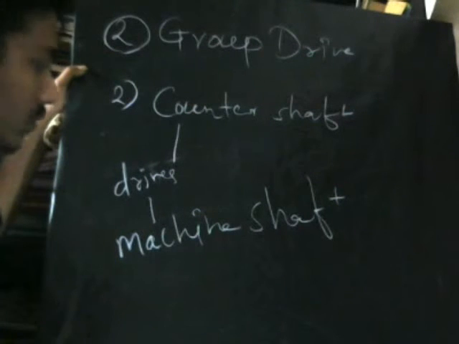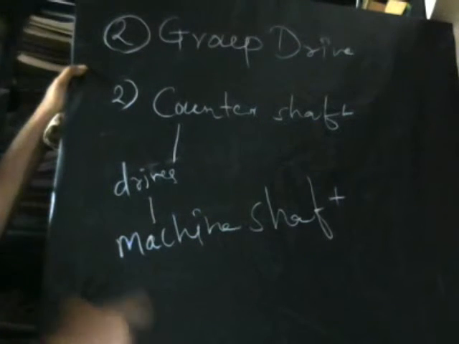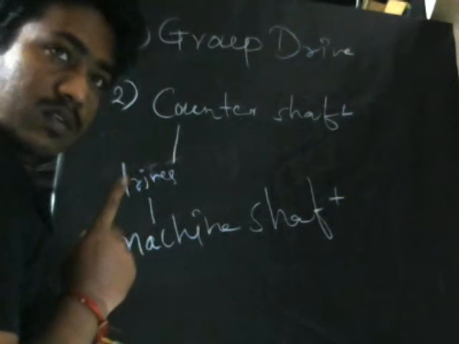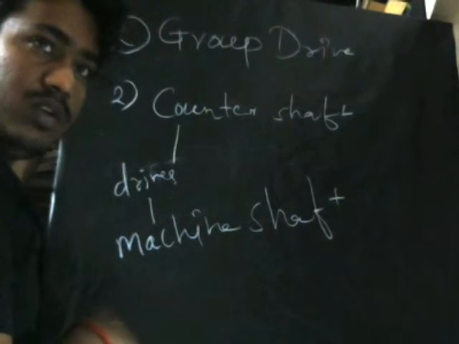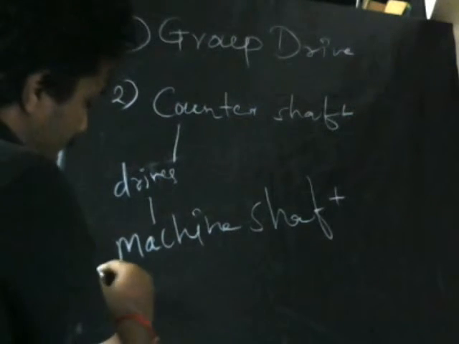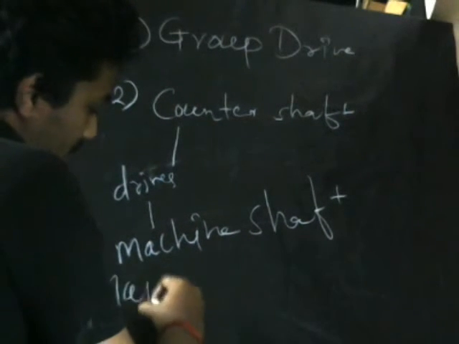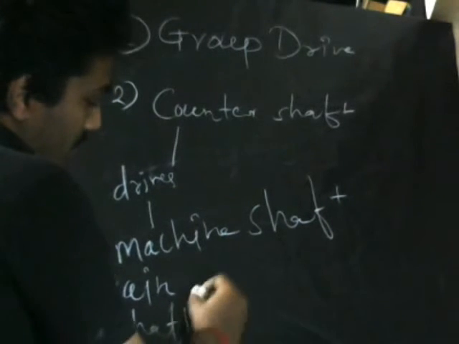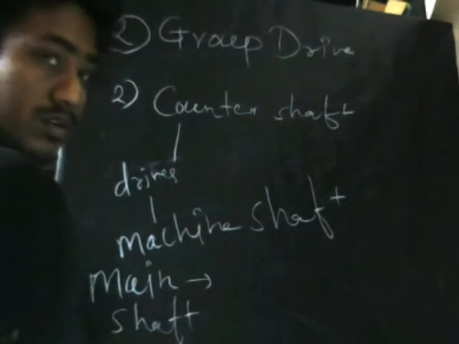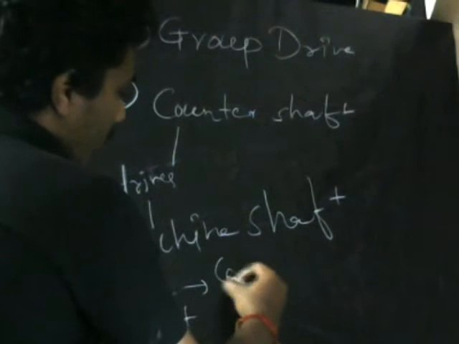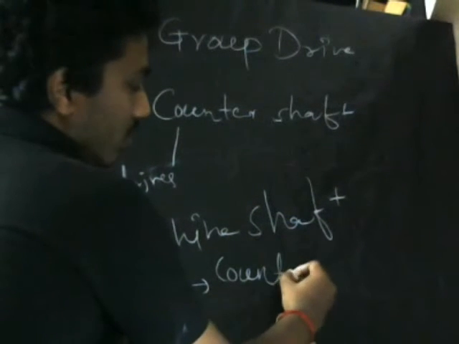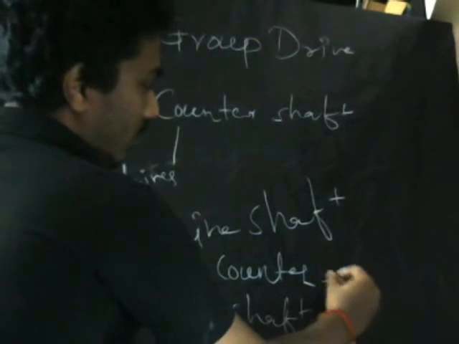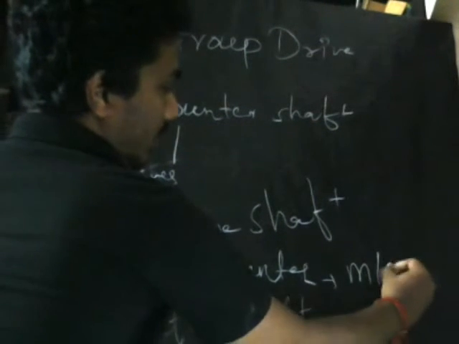So that is what we have to keep in mind. There is a shaft which is known as the main shaft. First, power is given from the main shaft to the counter shaft, and after the counter shaft to the machine shaft.